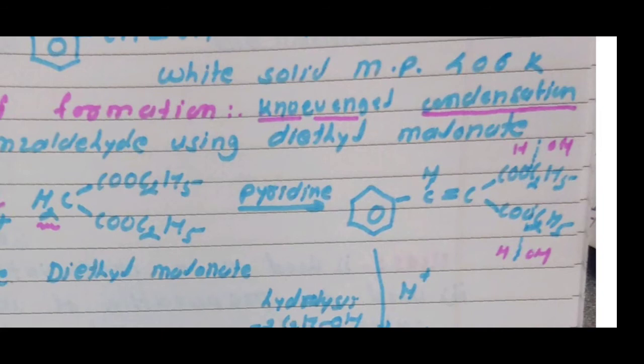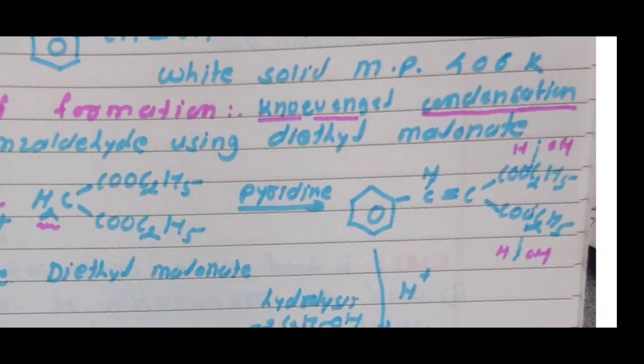After condensation, this condensation product undergoes hydrolysis. Hydrolysis is nothing but the addition of a water molecule. Here two water molecules add, and the COO C2H5 groups are converted to COOH, releasing two molecules of C2H5OH.